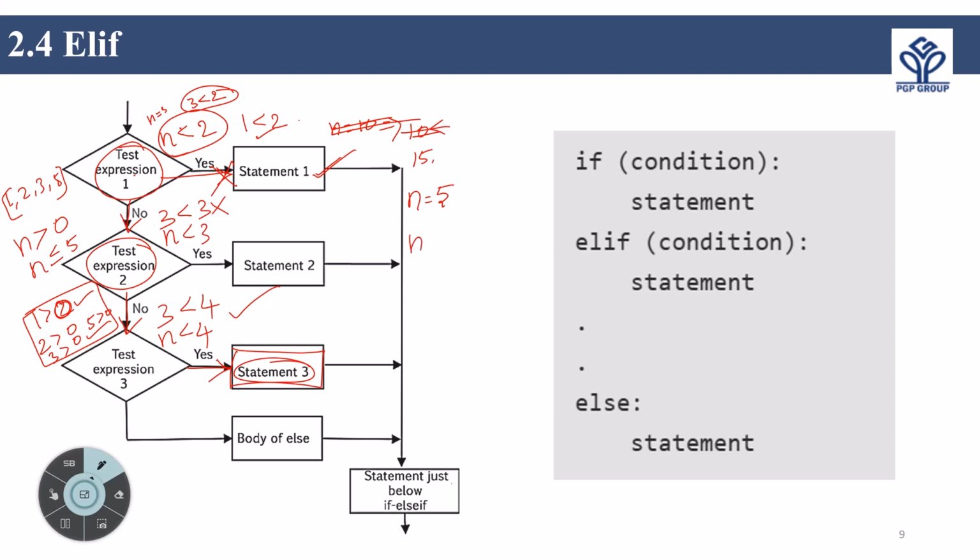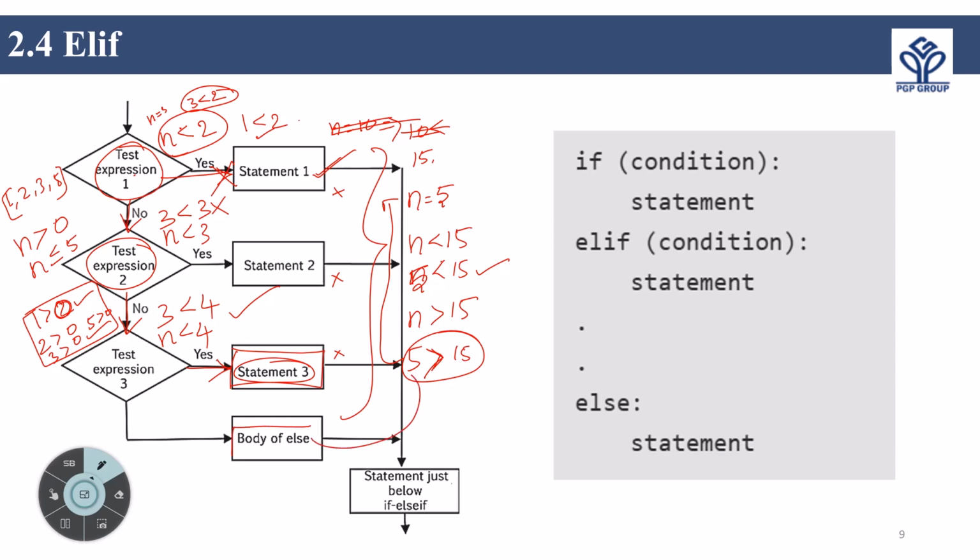So n less than 15, that is 5 less than 15. This is true. Suppose n is greater than 15, if 5 greater than 15, the particular condition is not matched to anything. So automatically it comes to the else part, the body of else is executed, and then the statement below the if else.